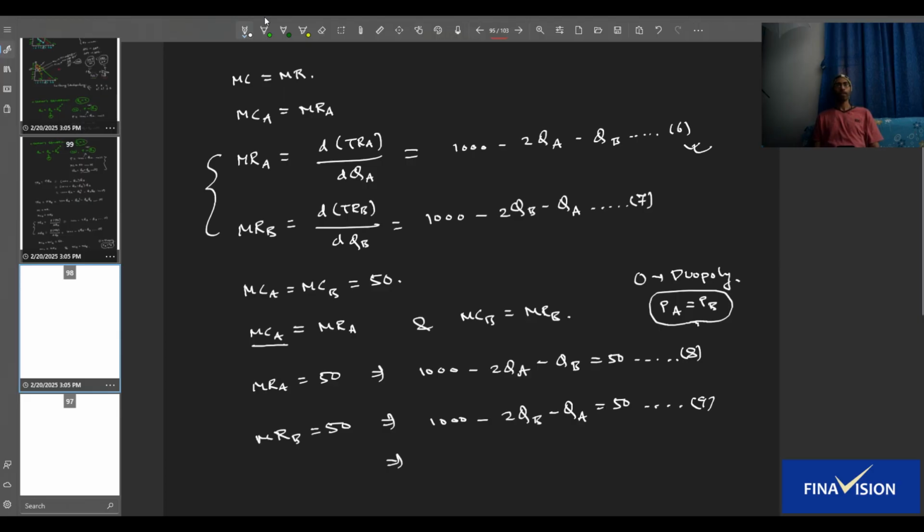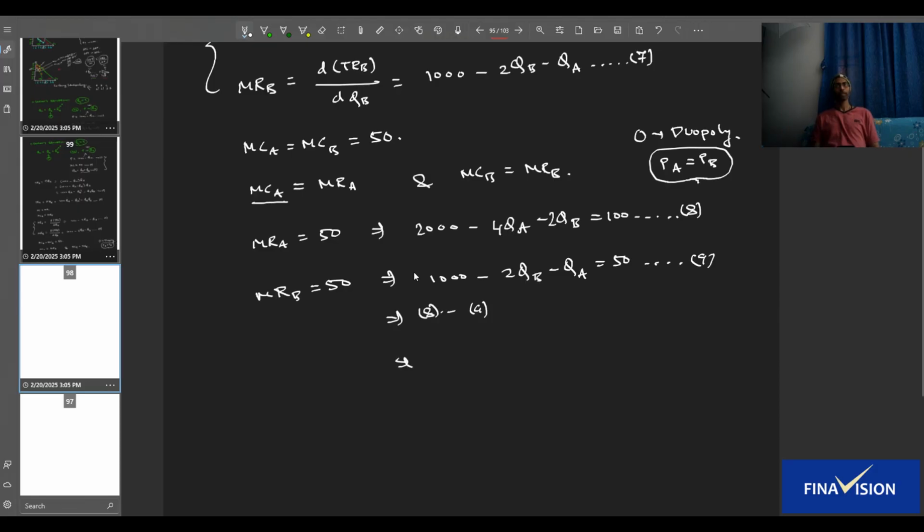We can modify equation 8 by multiplying both sides with 2. So this becomes 2000 minus 4QA minus 2QB is equal to 100. Now what we do is we do equation 8 minus equation 9.